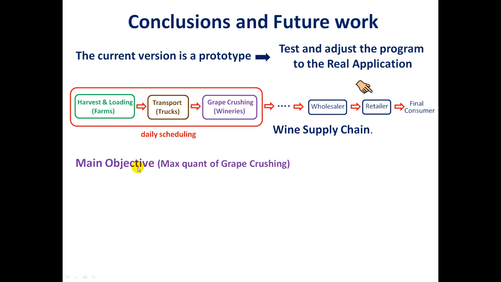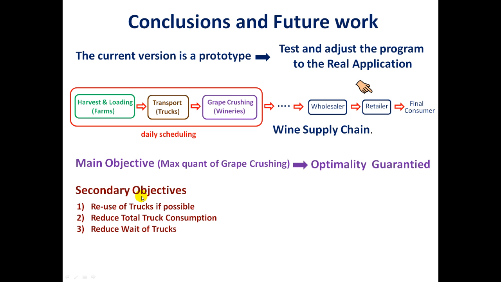Regarding the main objective, which is to maximize the quantity of grapes crushed, the optimality is guaranteed by the OPL language itself, because the integer programming module guarantees that the solution is going to be optimal. However, for the secondary objectives it is more difficult to measure to what extent the solution found fulfills the target that we are aiming for.